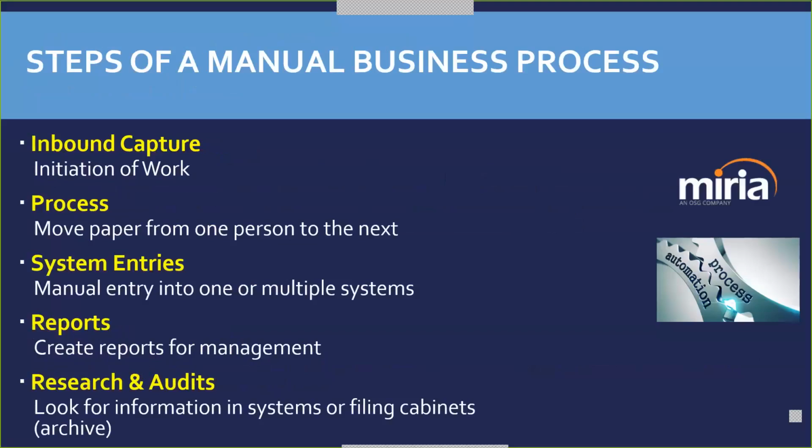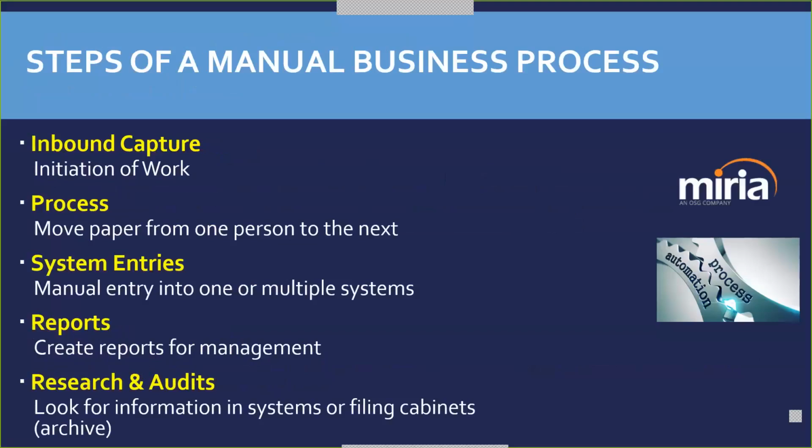The goal is then to report against the information and the work that you have completed. And then ultimately, I might use that information for research purposes, for publication, or for internal improvements, or simply because audits are coming and you want to provide a clean and controlled way. So when you talk about a manual business process, these five steps are inherent to it.